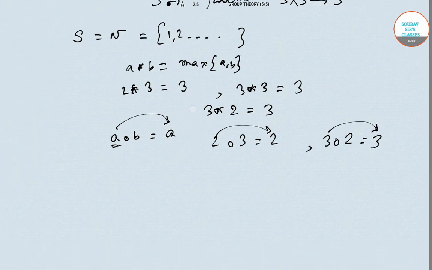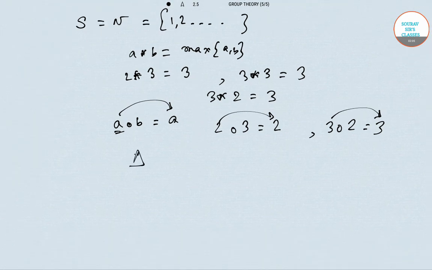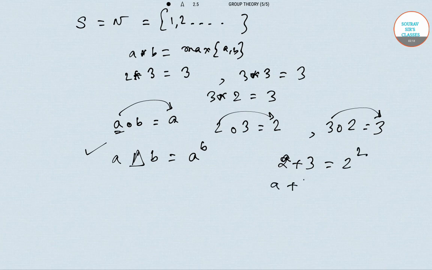We can even define a binary operation with a triangle symbol, like a difference operator type of thing, so this is equal to A to the power B. If they tell you the binary operation is defined this way, they may say that 2 triangle 3 equals 2 squared, if it is given that A triangle B equals A squared. They can't use plus here, that's why they use this asterisk, which is not plus, minus, times or divide.